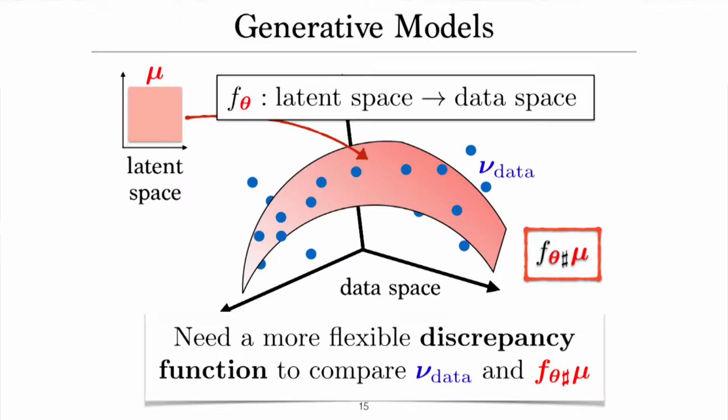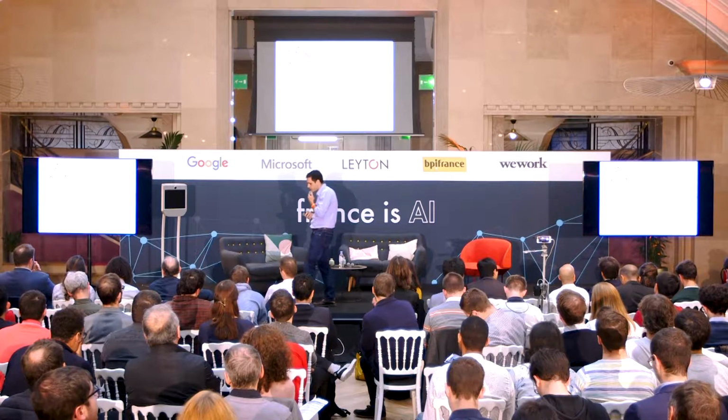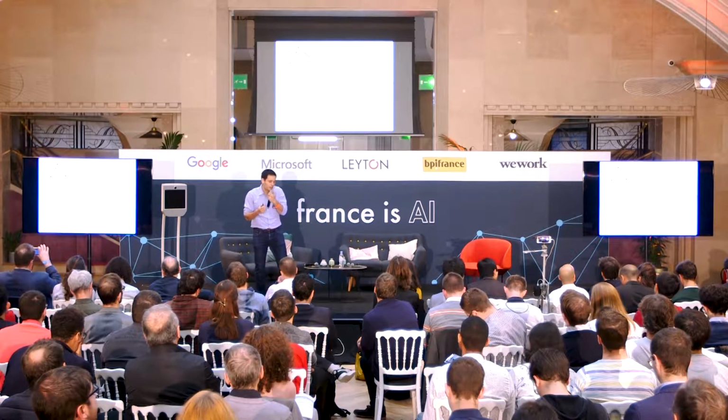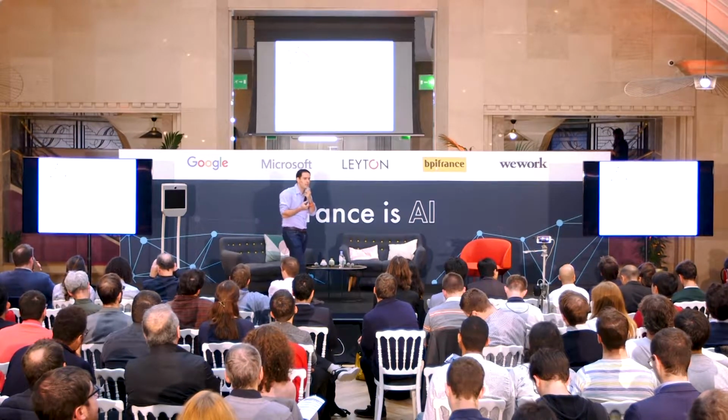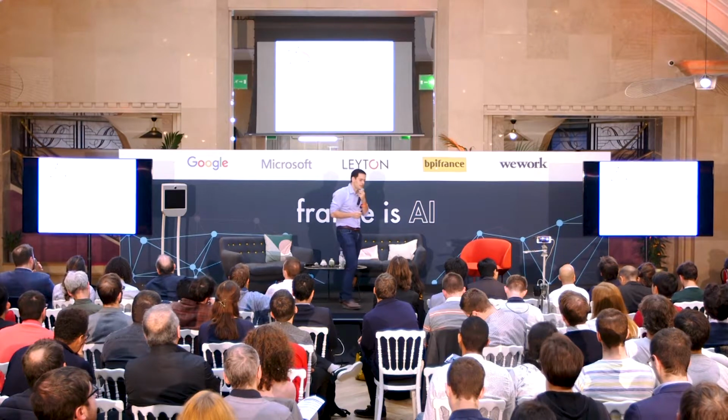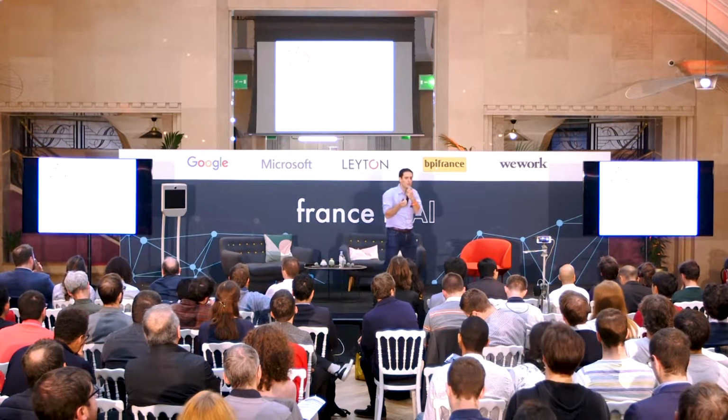And one way to do this is to have a more flexible discrepancy function between this manifold and those blue points. So the very nice contribution of the generative adversarial network paper was to come up with a very natural, one can say, way to quantify this discrepancy. The intuition was as follows.